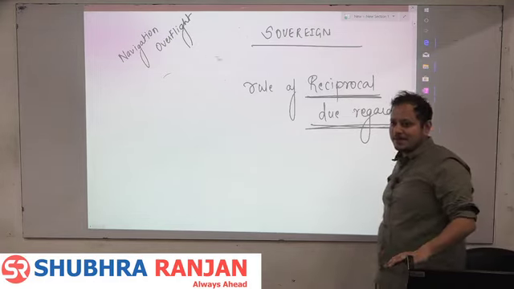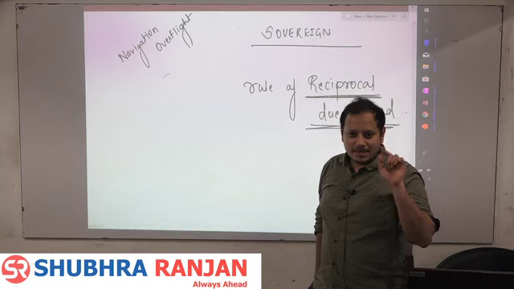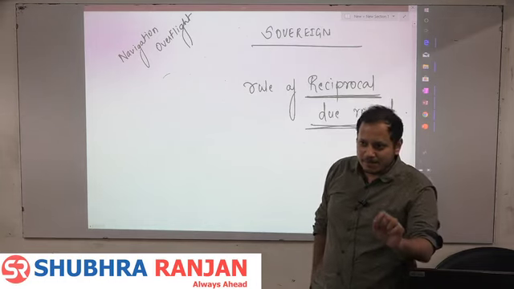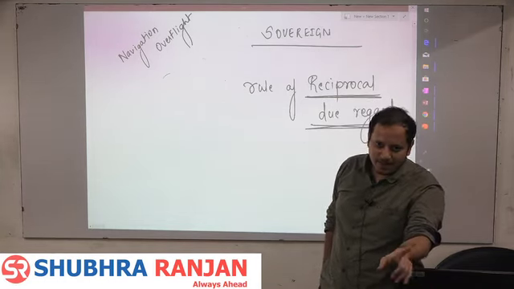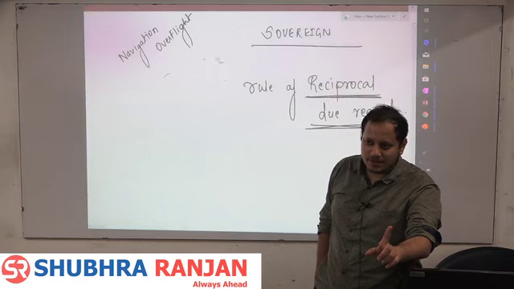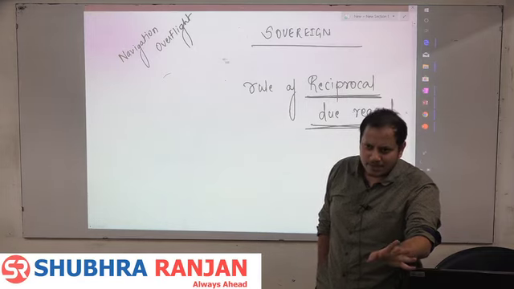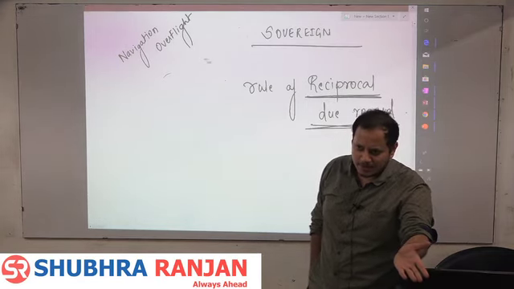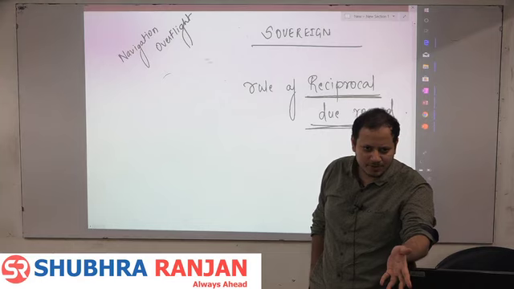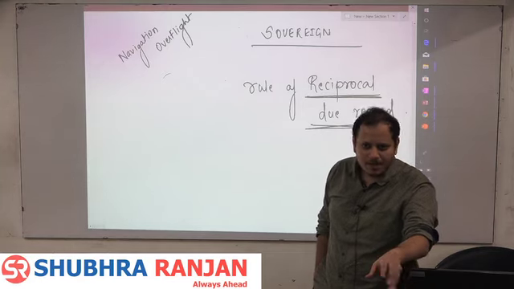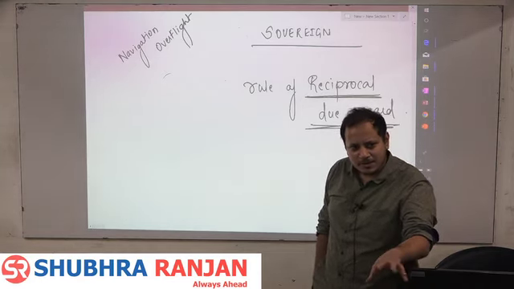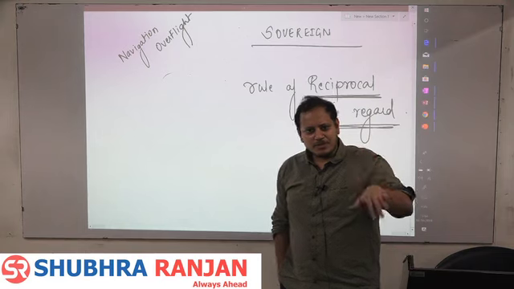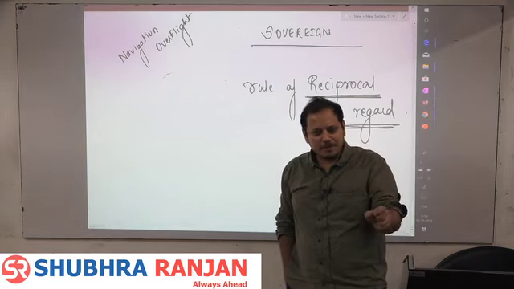Reciprocal due regard means if Pakistan lays down the telegraphic cable without asking India, India cannot go into the International Court of Justice, क्योंकि International Court of Justice कहेगा आप भी वो reciprocal activity करो पाकिस्तान के exclusive economic zone में. Understanding?